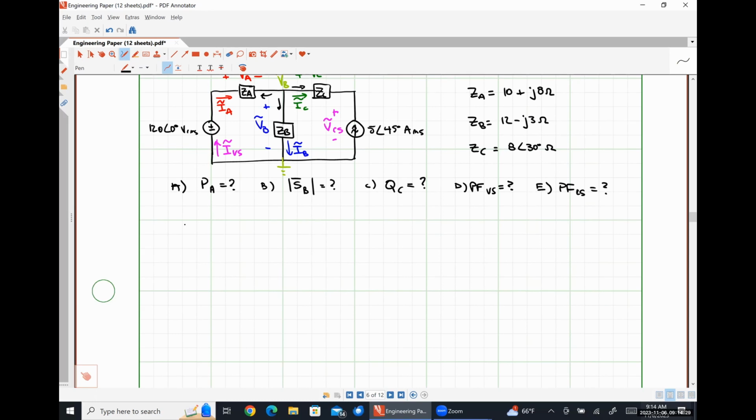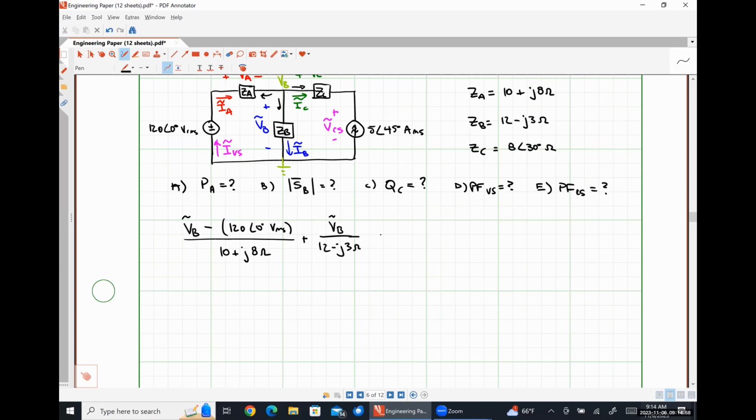I'm going to have VB minus 120 angle 0 degrees volts RMS divided by my impedance ZA, which is 10 plus j8 ohms, plus my voltage VB divided by my impedance ZB, which is 12 minus j3 ohms.